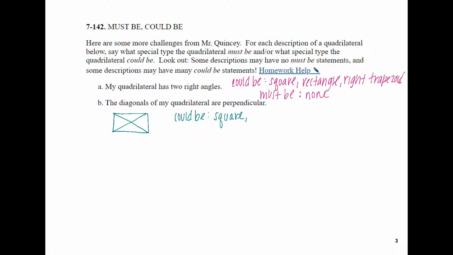The diagonals are also perpendicular on a rhombus, as well as a kite. However, there is no quadrilateral that just by having perpendicular diagonals defines the quadrilateral, so there are none that it must be.